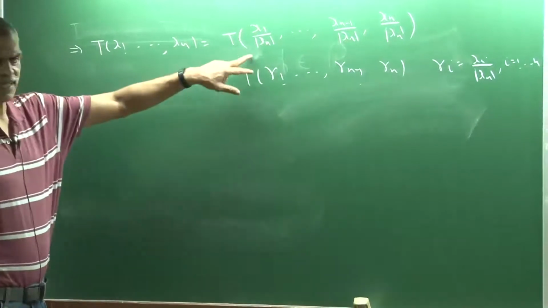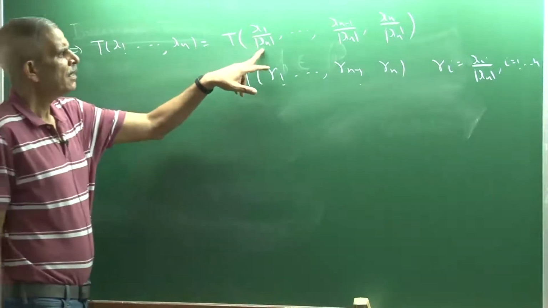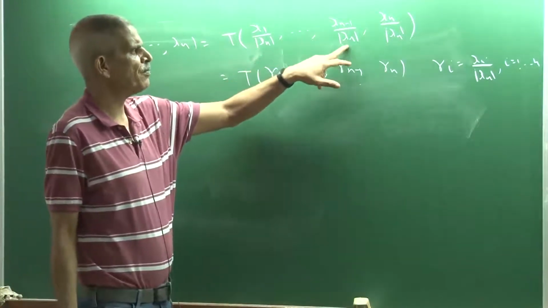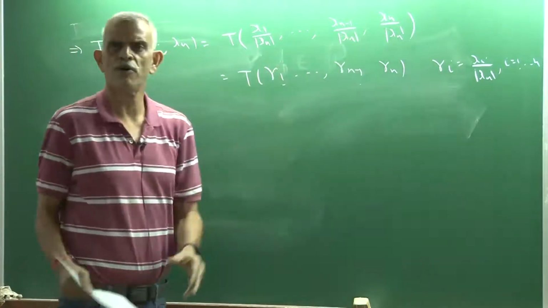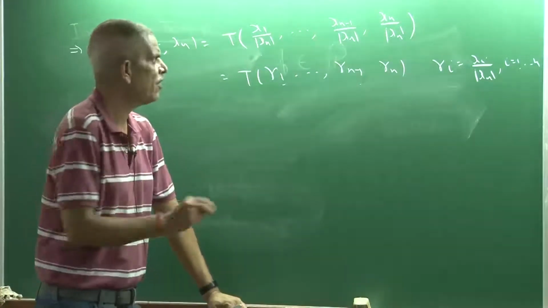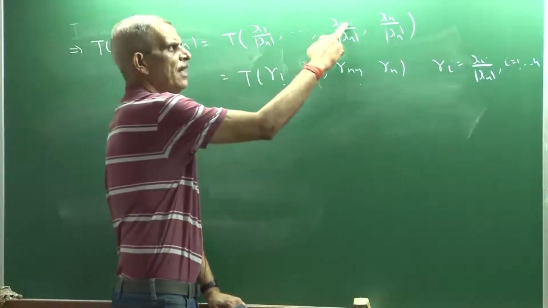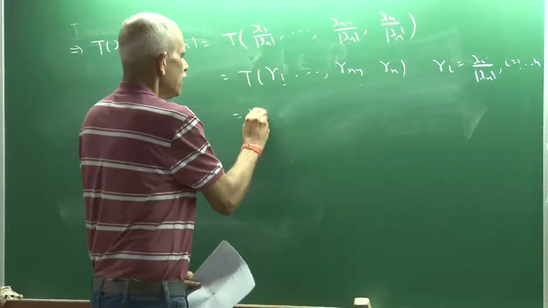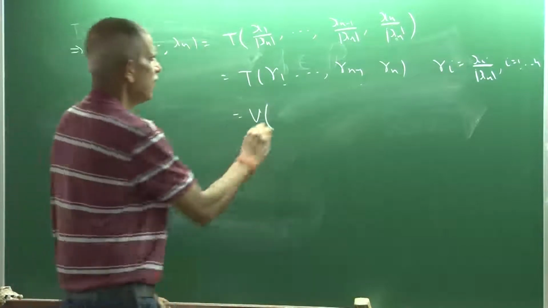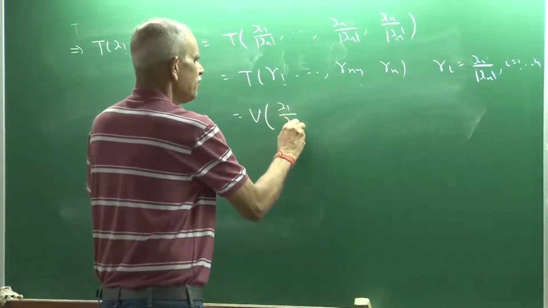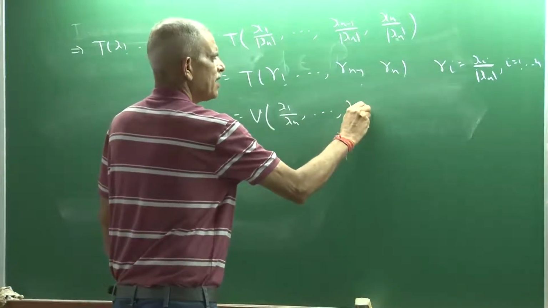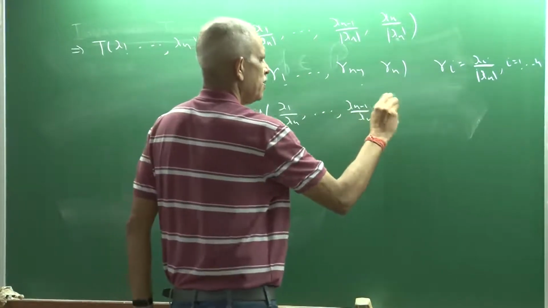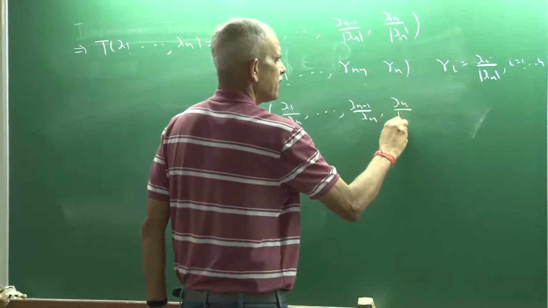But as we did in the case of estimation, x1 upon mod xn, ..., xn minus 1 upon mod xn, xn upon mod of xn is a 1-to-1 function of x1 upon xn, xn minus 1 upon xn, and xn upon mod of xn. So I can write this in terms of x1 upon xn, xn minus 1 upon xn, and xn upon mod of xn.